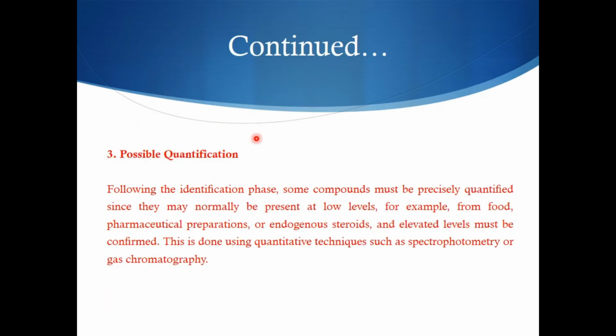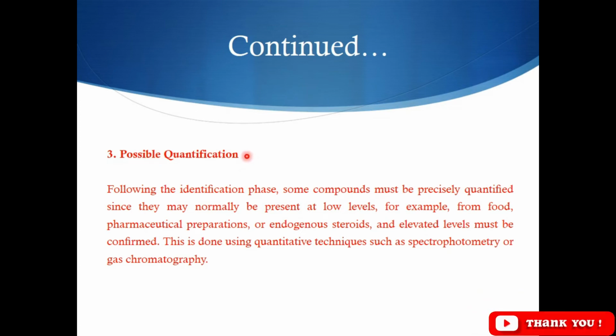So up till now we have determined which elements are present, and then we have determined their nature, and with the help of GCMS we can also determine the class of compound.